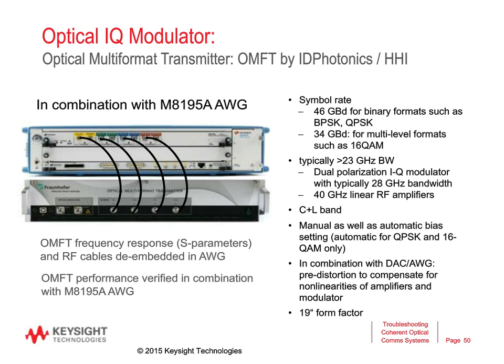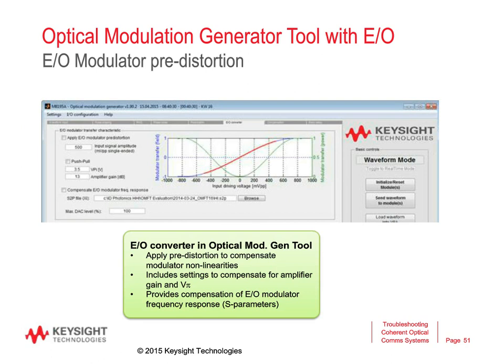And also in combination with our arbitrary waveform generator, it's possible to apply pre-compensation to compensate the nonlinearities of the modulator, and also respect amplifiers inside the signal path, so that we set the gain and also the wanted VPi on the optical modulation generator tool already, and it calculates the signal in a way that we get exactly to the VPi or the amplifier gain settings.